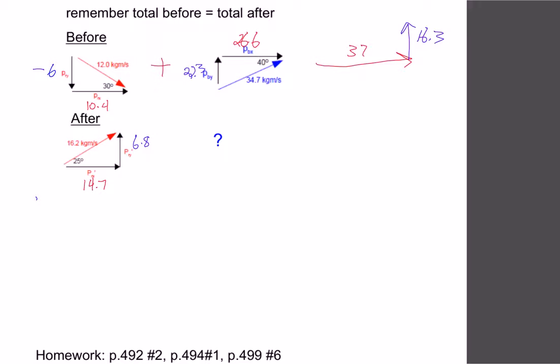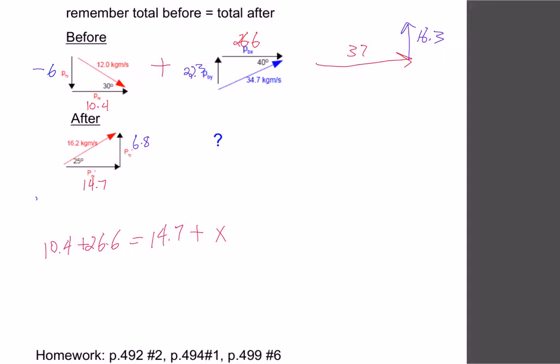So that means our after has to be the same, right? We have to get the exact same answer. Let me write it again here a little bit differently. We have 10.4 plus 26.6, and that's going to equal our 14.7 to the right plus our unknown, so let's call it x.